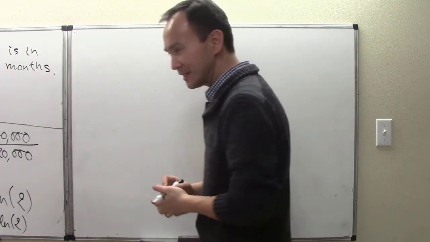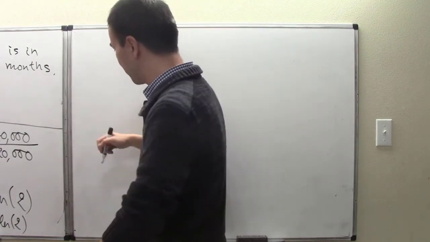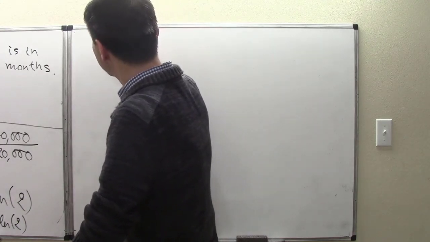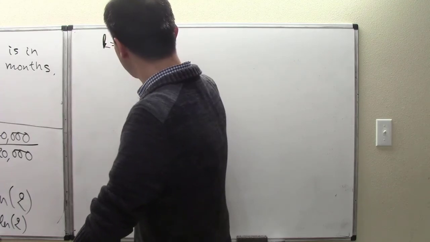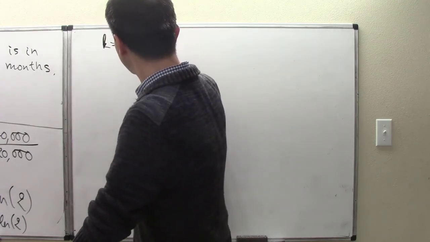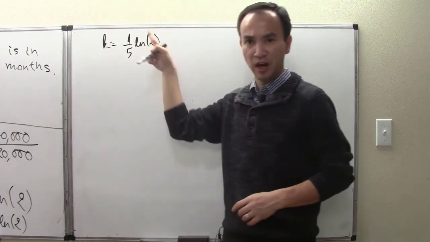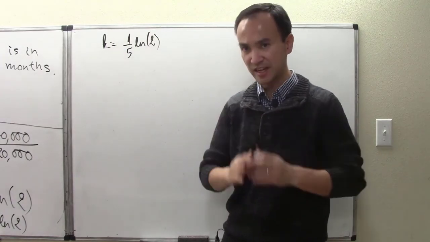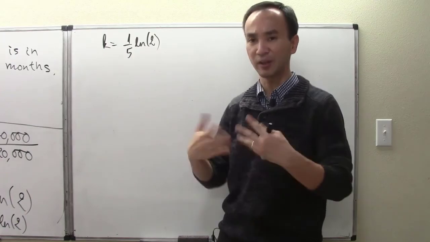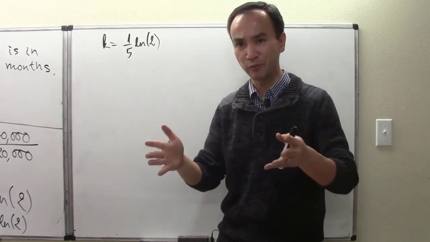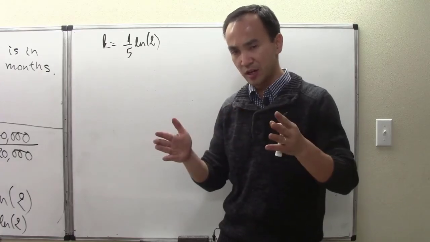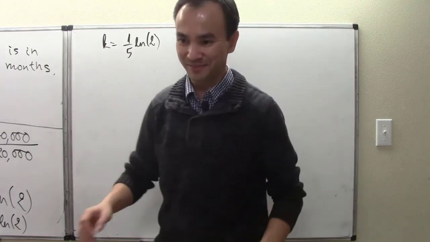At this point, I have already expressed k equals 1/5 natural log of 2. So I can just hop over to my calculator screen to get a decimal value of this expression, and then we're ready to complete our exponential function, our continuous growth model.